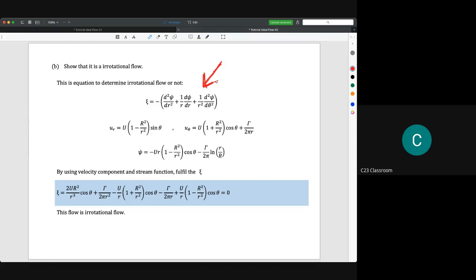Because we already have psi here, we could differentiate the value of psi, all of this, and then substitute into the equation. We found that the value is equal to 0, which means that the flow is irrotational. I hope you could try this at home to make sure that you know how to derive all of this.